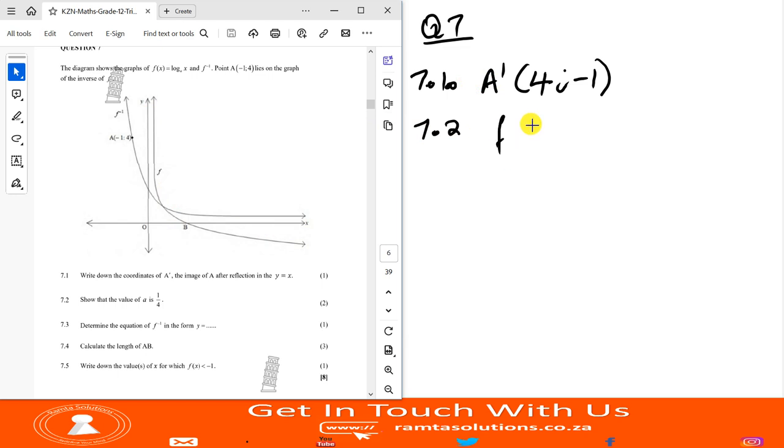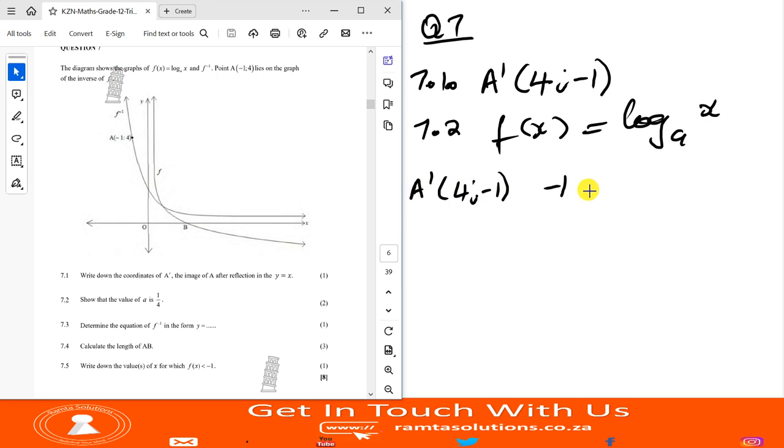We have f of x equals log x base a. So we have a point, which is A prime, which lies on the function. What is it? It is 4 and minus 1. Where there's x you put 4, where there's y you put minus 1. So minus 1 equals log 4 base a.